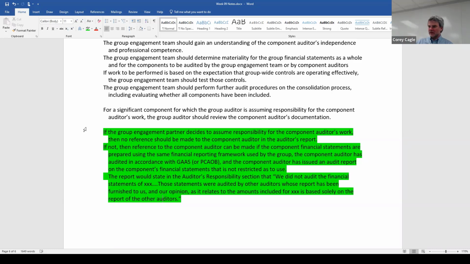If you like what you see and you want to take responsibility for it, don't mention them in the report. If you're on the other end and you think this is junk, you don't use it at all, and you don't mention them either. You'll have to do your own work. So that's if you are assuming responsibility for their work. If not, then you would reference the component auditor in the report.